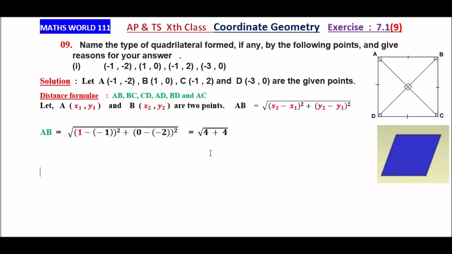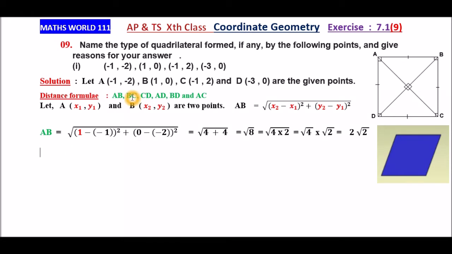And plus 0 minus of -2, 0 plus 2, 2 square, 2 into 2, 4. So root of 4 plus 4, that is root 8. And root 8 can be written as root 4 into 2, so root 4 into root 2. We know the value of root 4, that is 2. That is equal to 2 root 2. AB is completed.